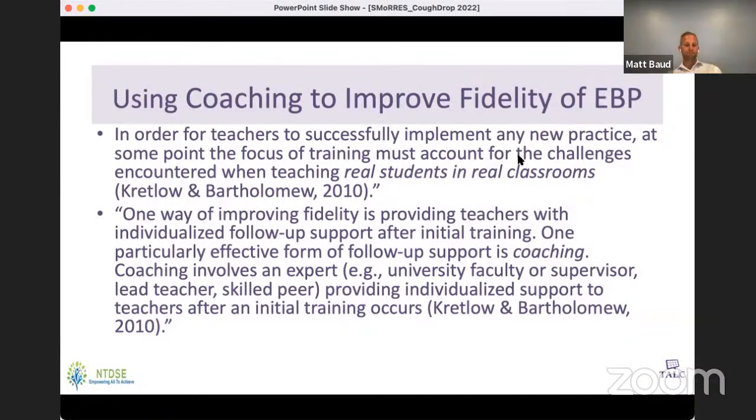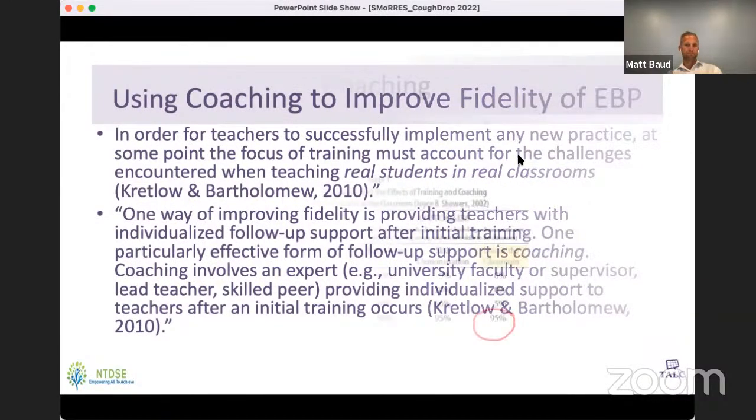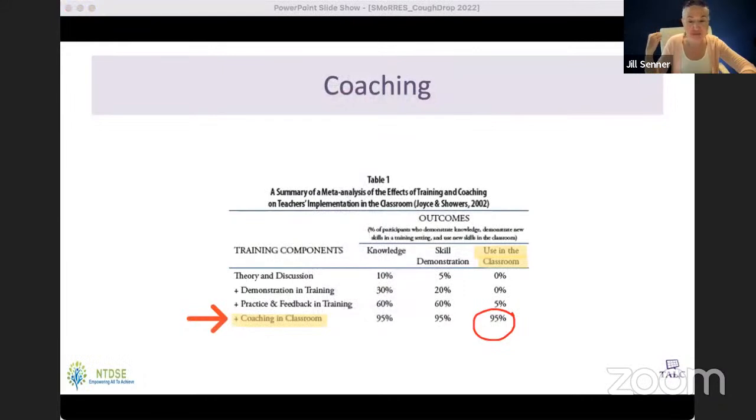But before we do, Matt's going to show us an amazing statistic here and point out some of the things for you. So Joyce and Showers in 2002 looked at these different training components and how they work individually and then in combination.